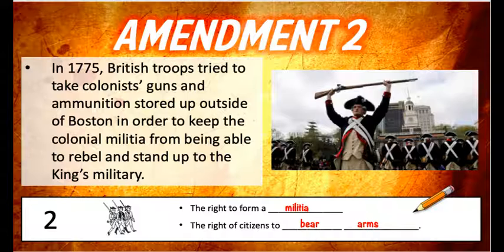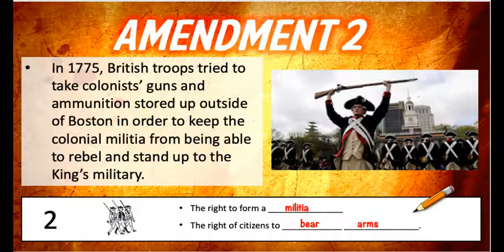Now, if you wished, do you have the right to own a gun? Yes. But the boundaries are that you have to go through the proper channels to get one. Okay? Maybe the gun safety classes, the background checks, registering with that, getting the concealed carry licenses, things like that.